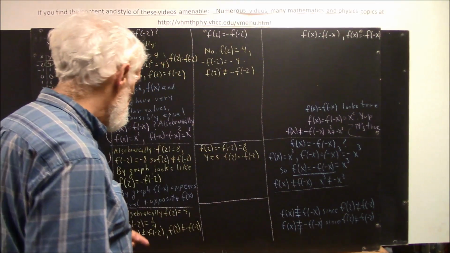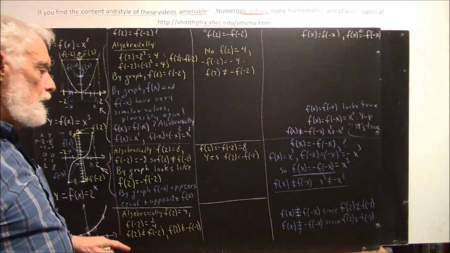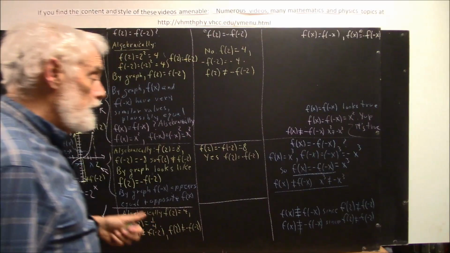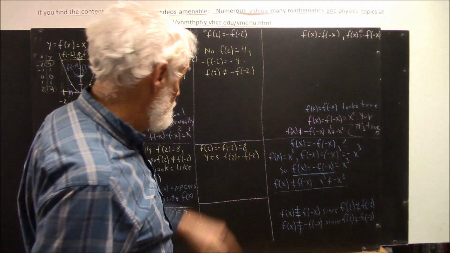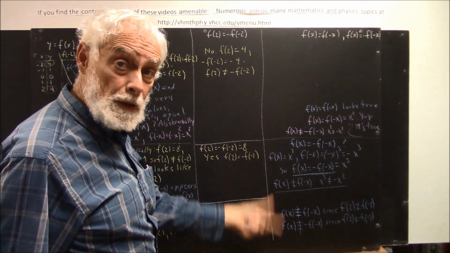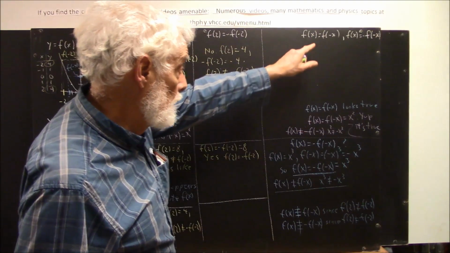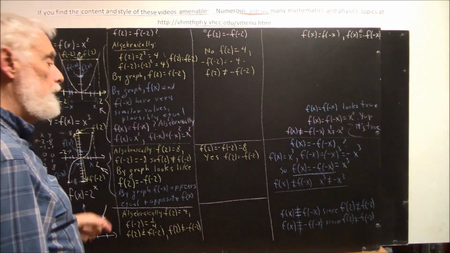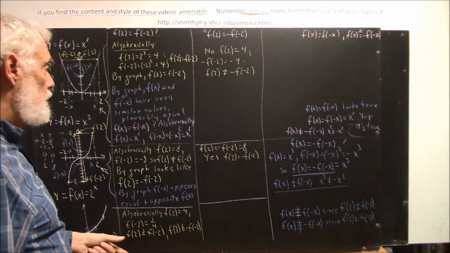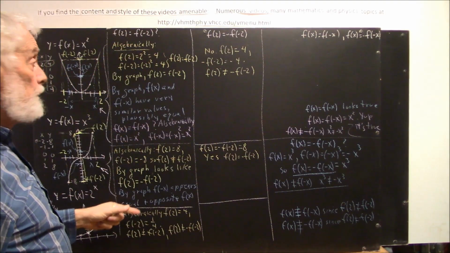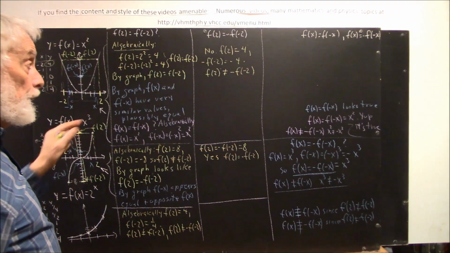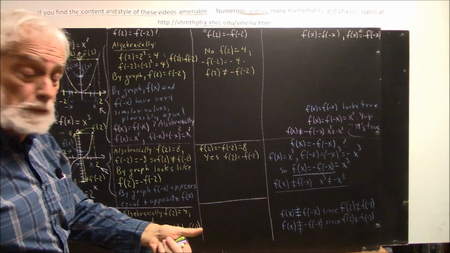Okay, so showing that f of x equals f of negative x is false for any one value of x means we cannot claim it for all values of x. We can't claim that f of x is always equal to f of negative x. However, in these cases, just showing that it's true when x equals 2 doesn't prove that it's always true.